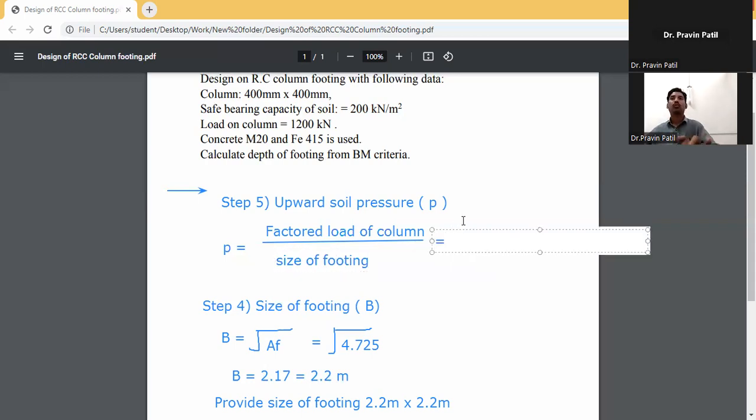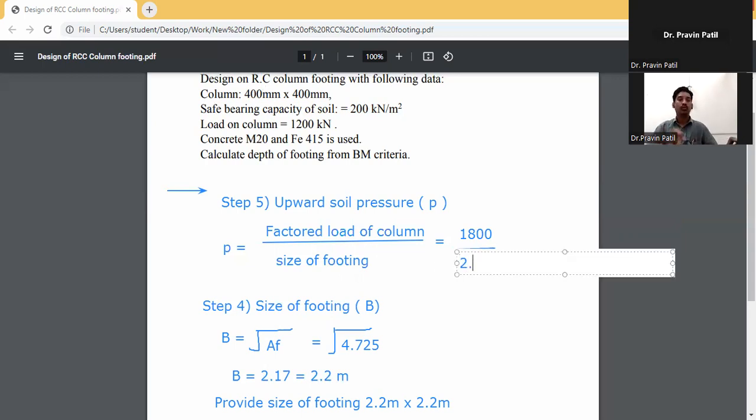So the factored load of the column, Pu, is 1800 kilonewton, divided by the size of the footing, which is 2.2 meter by 2.2 meter.